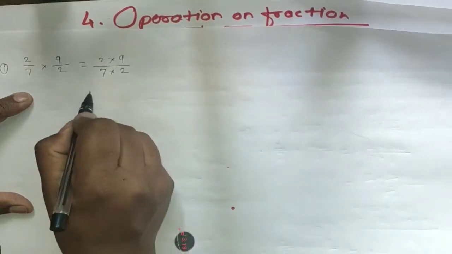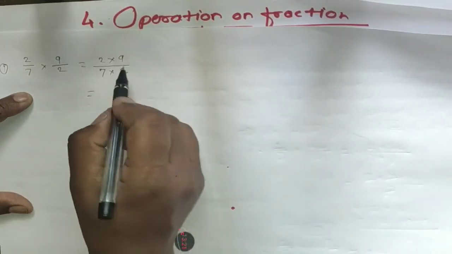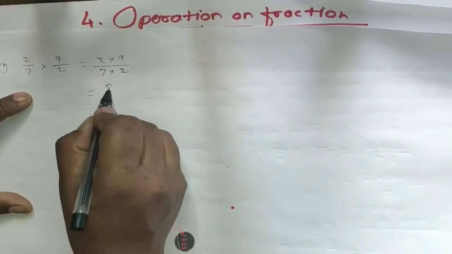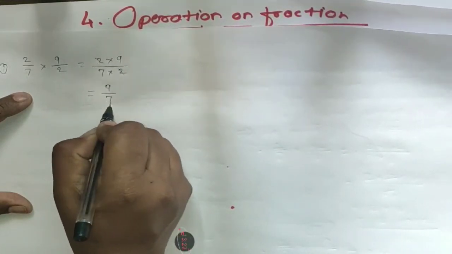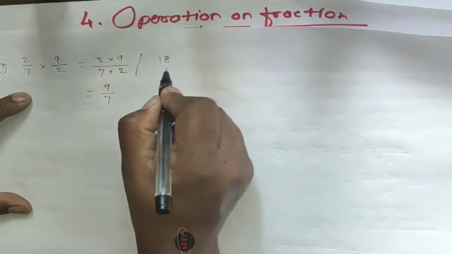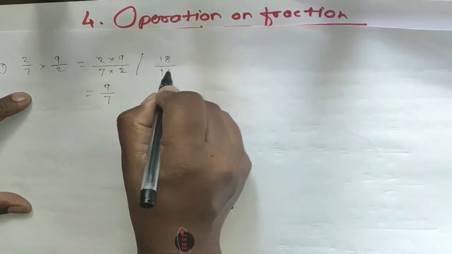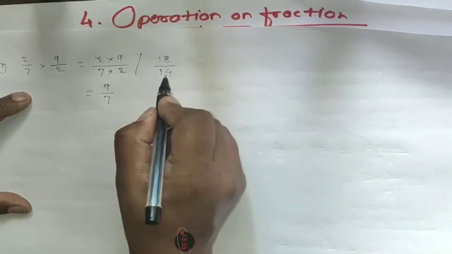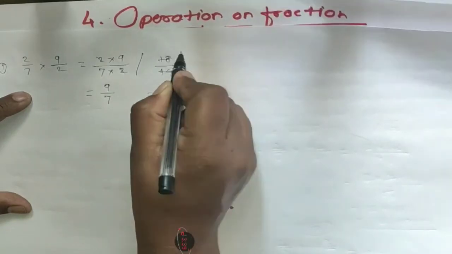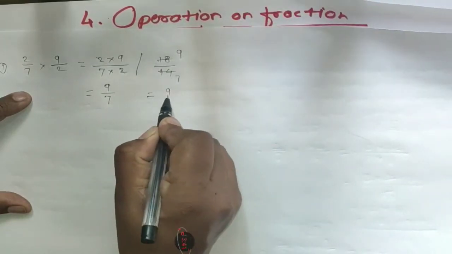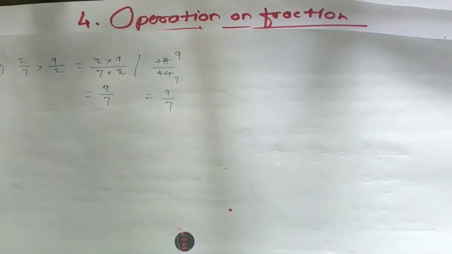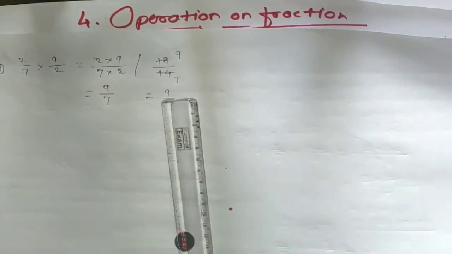You can just do the multiplication, 9 2s are 18, otherwise just cancel this 2 with 2 and you will get the answer 9 upon 7. Or 9 2s are 18, 7 2s are 14, and then you divide with 2, 2 7s are 14 and 2 9s are 18. In both cases the answer is 9 upon 7 only. So these are the two ways to solve the example.